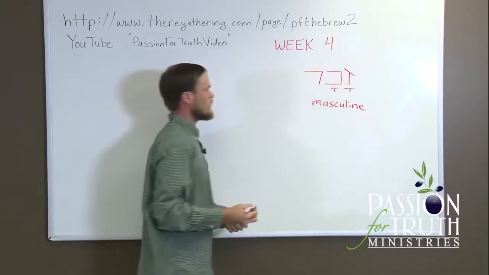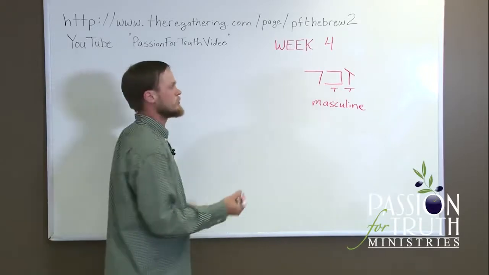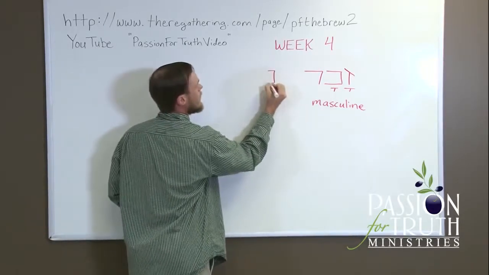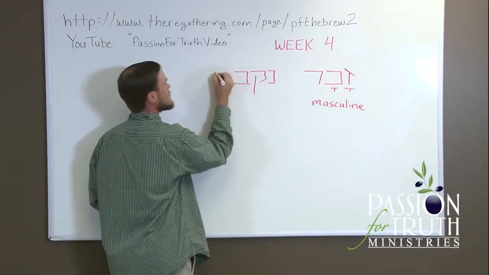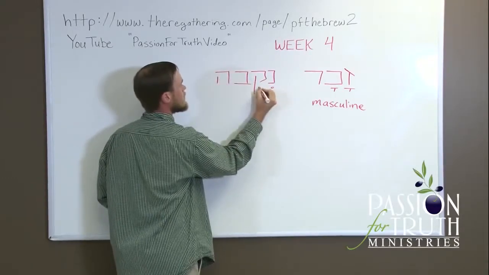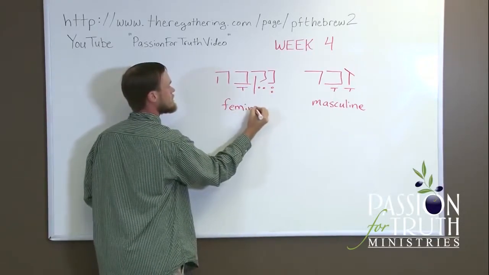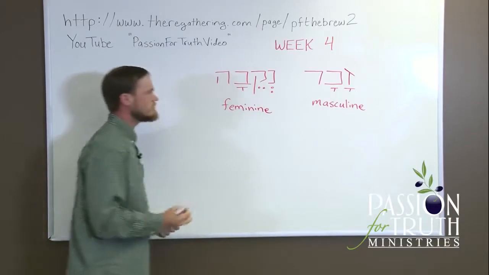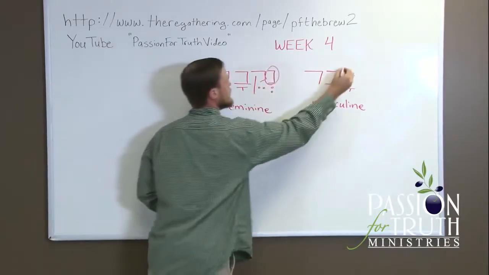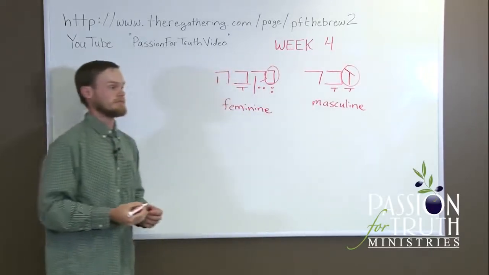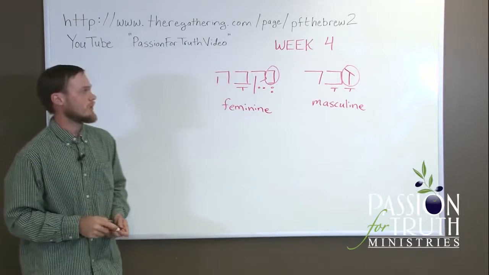In a strictly Hebrew course, I would always use these terms, but I'm still going to say masculine and feminine in the English. Nekeva, spelled like this, means feminine. So this nun and zayin are what we use to indicate the gender of nouns.